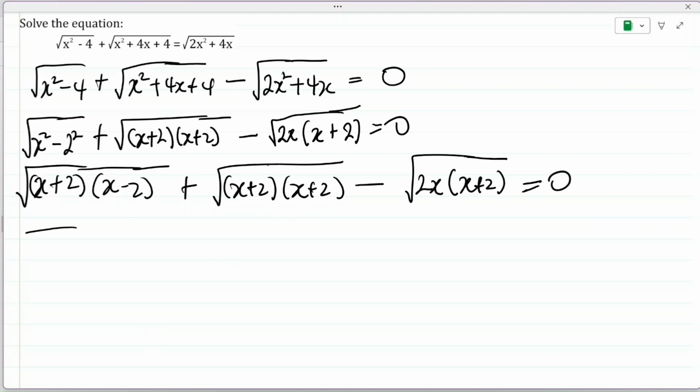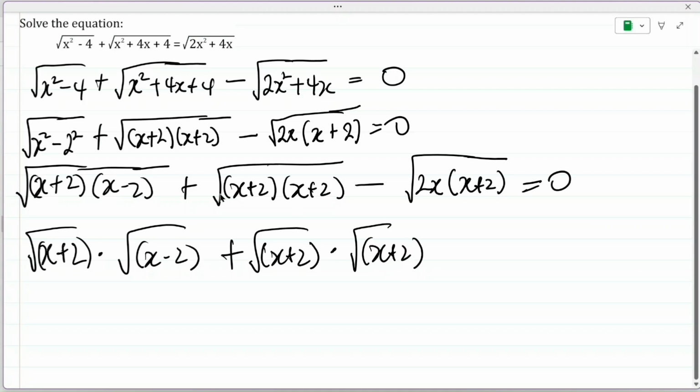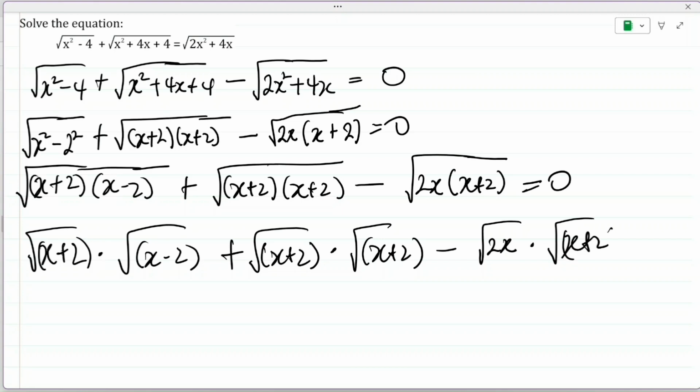So you have square root of x plus 2 times square root of x minus 2 plus square root of x plus 2 times square root of x plus 2. So the first one gets its separate square root, the second one gets its separate square root, minus square root of 2x times square root of x plus 2 equals 0.